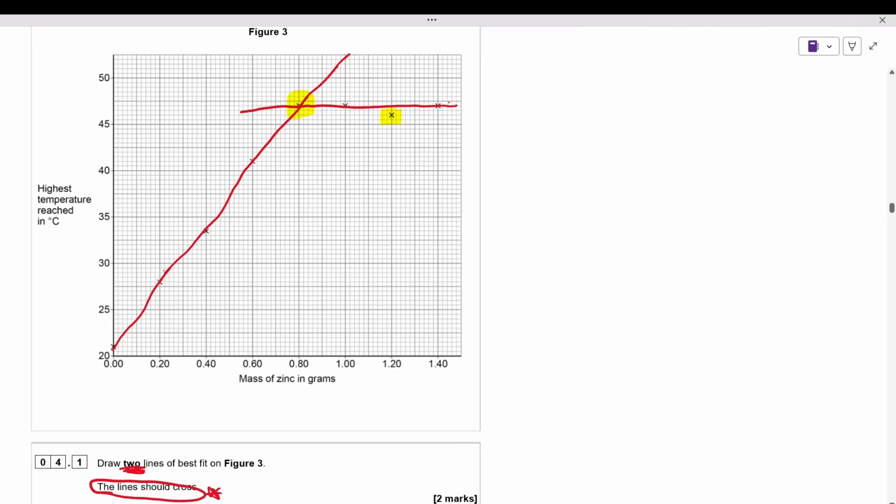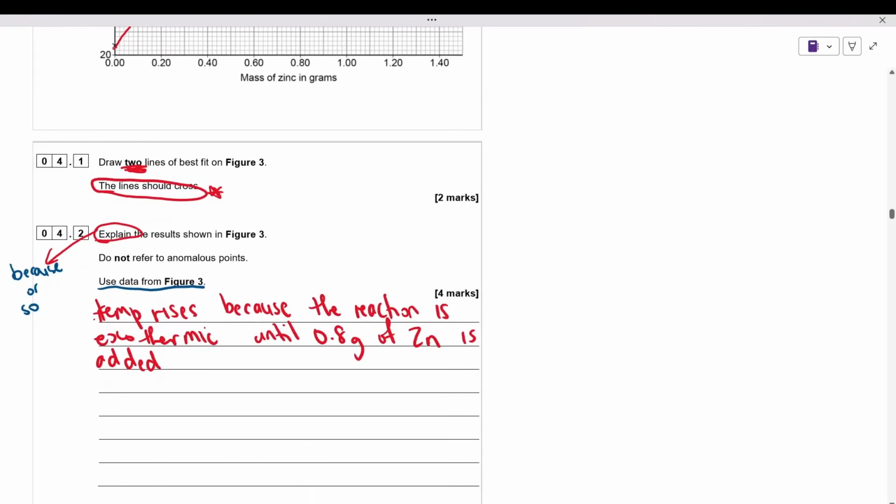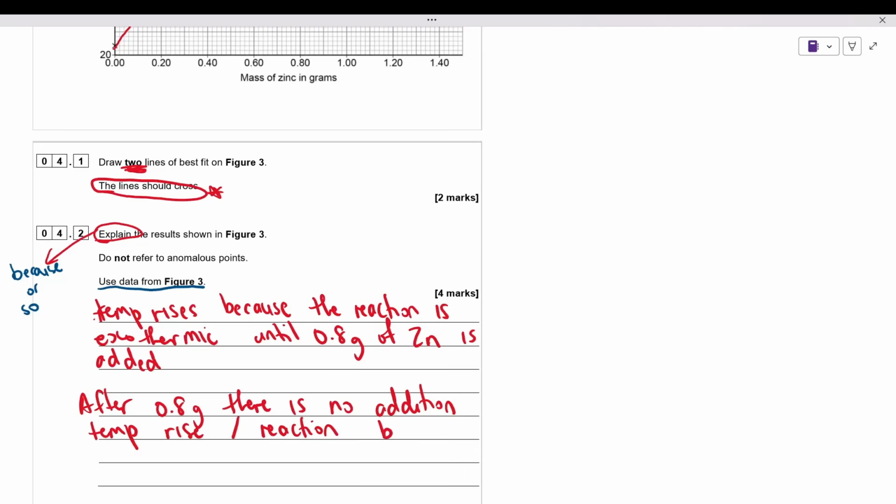Now we need to explain the next portion, this portion here. After 0.8 grams, there is no additional rise in temperature or reaction. Because of what? Remember, we're explaining why this happened. Because zinc is in excess.